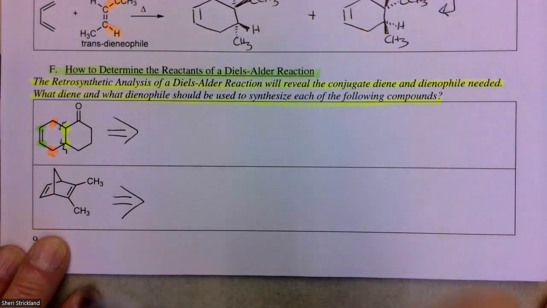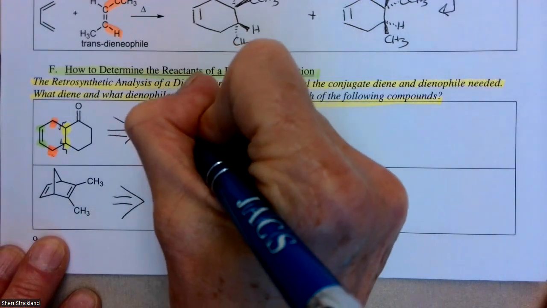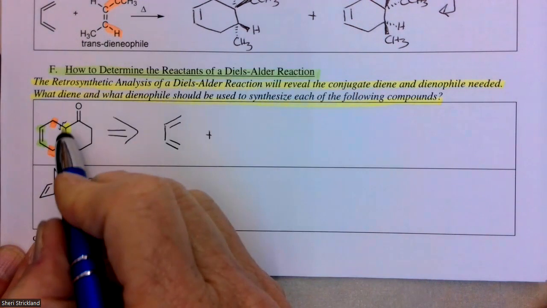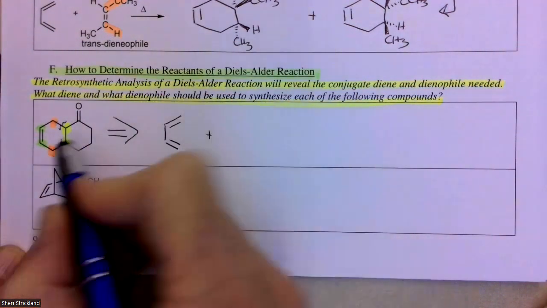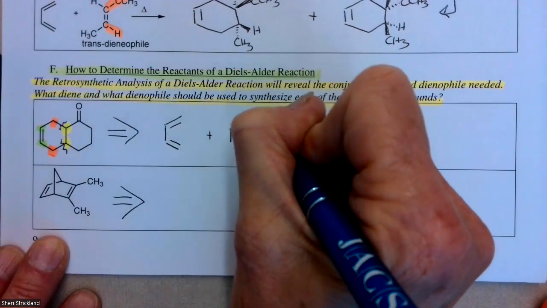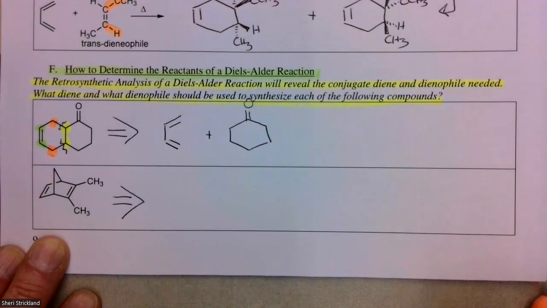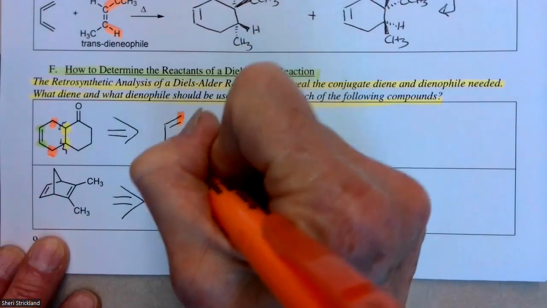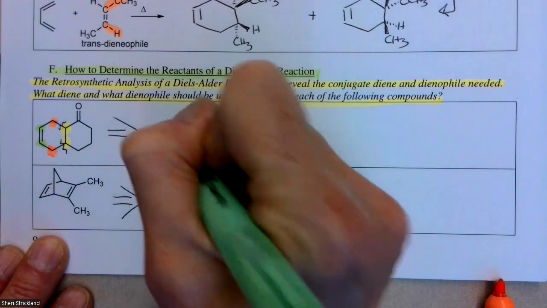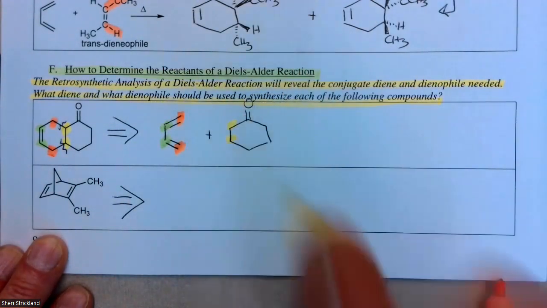So walking backwards, that means that these four atoms were from the conjugated diene. And those two of the new six-membered ring had to have been part of this cyclohexanone to begin with. That and that. That and that. So there's your diene and your dienophile.